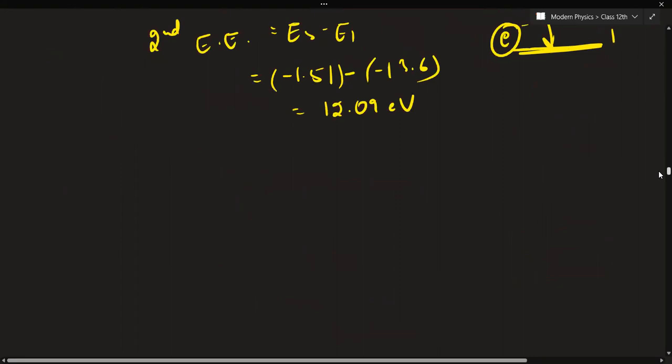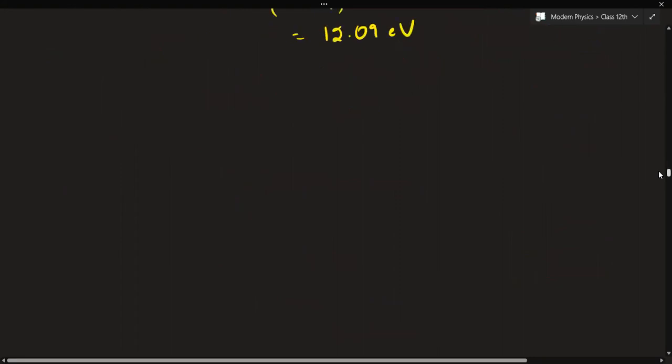Now, what is excitation potential then? If this is excitation energy, then what is excitation potential? See, firstly understand that this is an accelerating potential. Excitation potential.